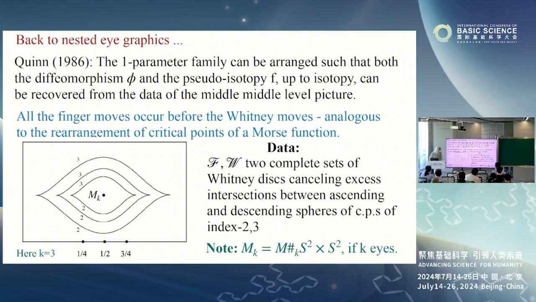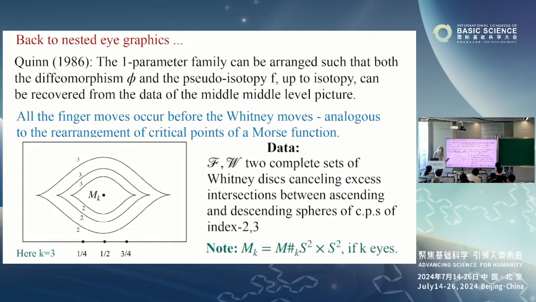And right here is an incredibly simple but powerful observation of Frank Quinn. Frank Quinn's observation is that if you have one of these nested graphics, then all the data, in some sense, is concentrated in one little spot, the middle level. So if the ambient manifold is 4 dimensional, you're looking at M cross I, and the one parameter family, 6 dimensions.